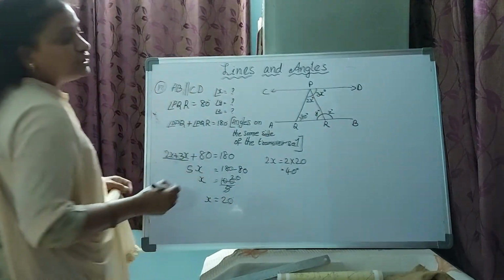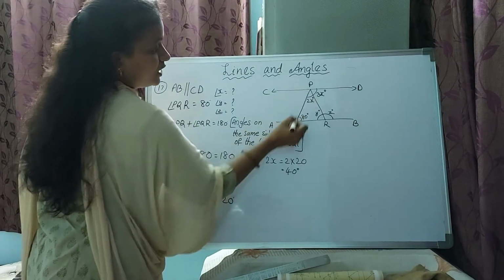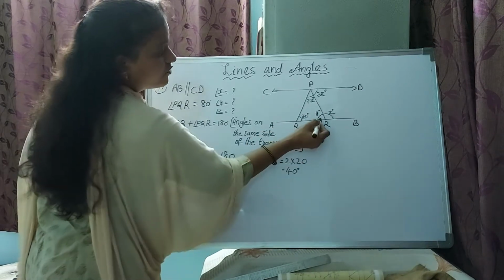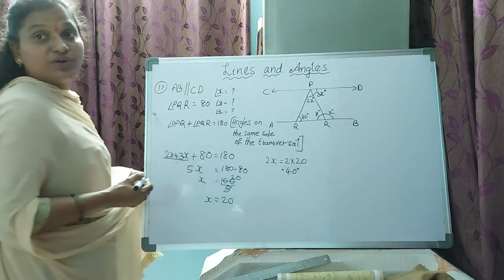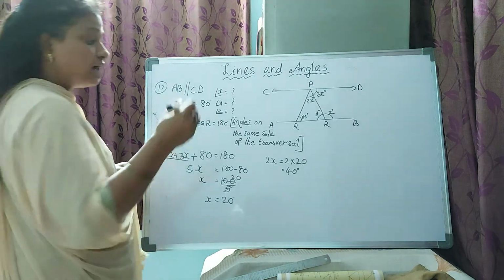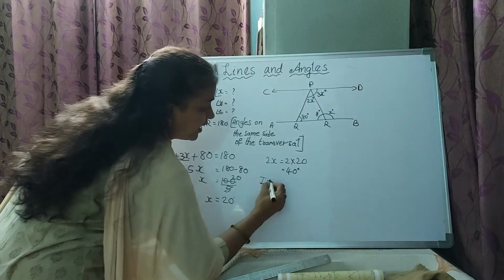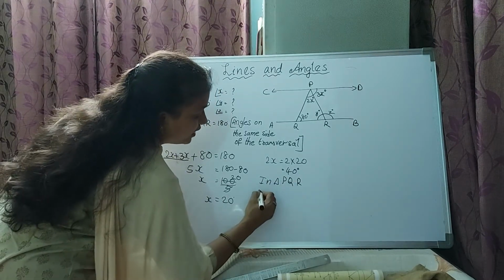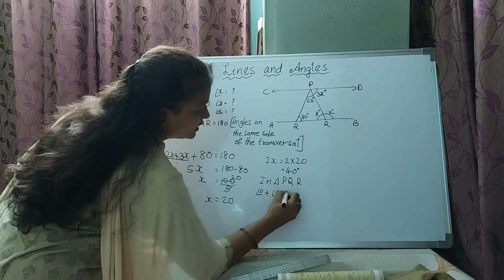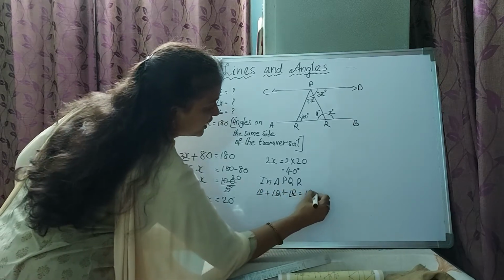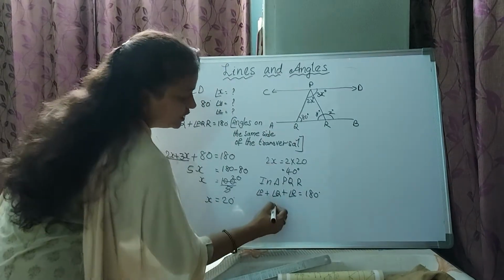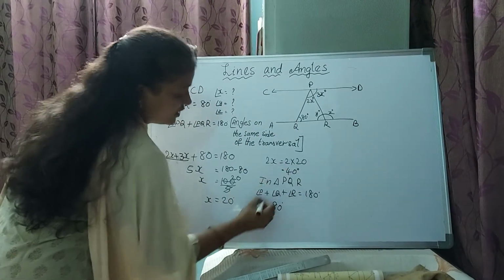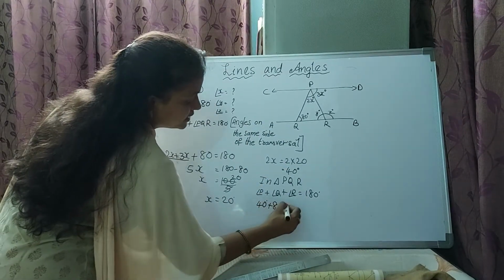If you take triangle PQR, we know this angle and we found this one already. We have to find out Y. How to find Y? The sum of the angles of a triangle is 180. According to that, in triangle PQR, angle P plus angle Q plus angle R is equal to 180 degrees. Angle Q is 80 degrees. What about P? 2x means 40 degrees. What about R?